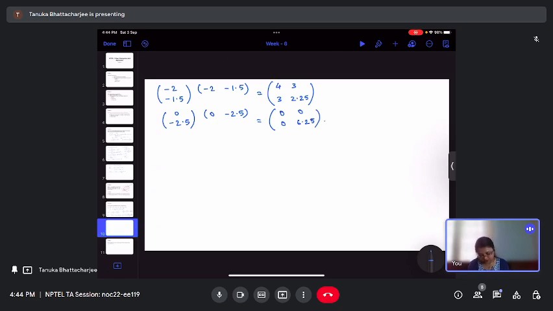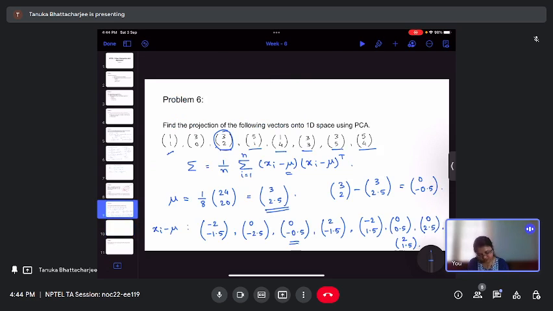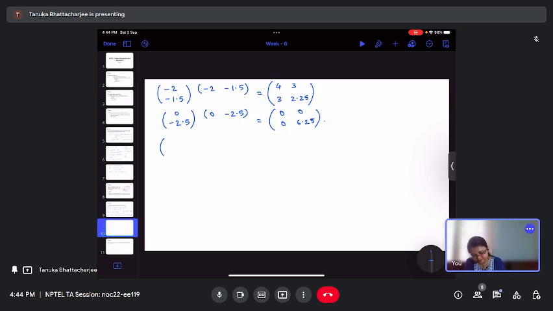Now the next one is 0, minus 0.5, which gives 0, 0, 0, 0.25.